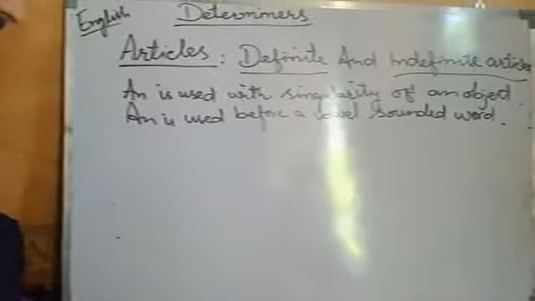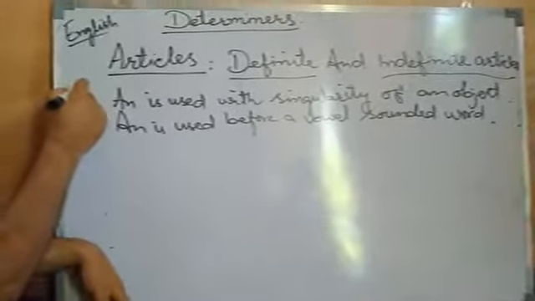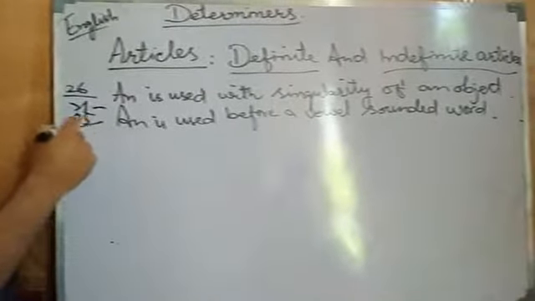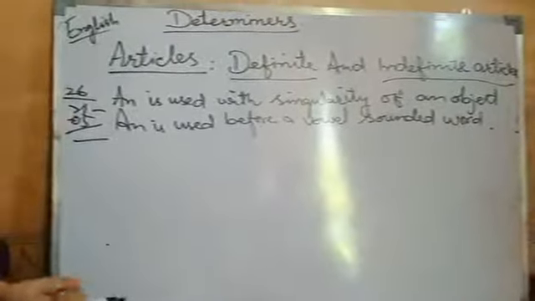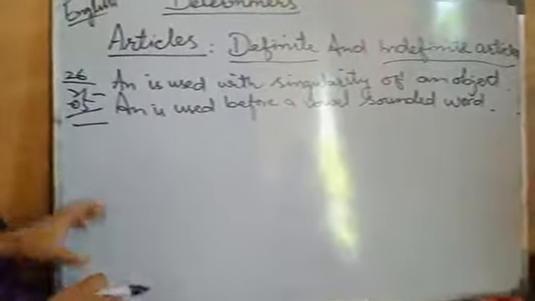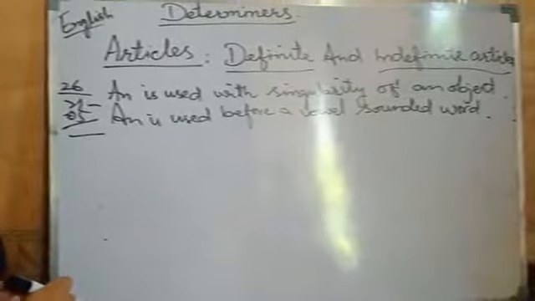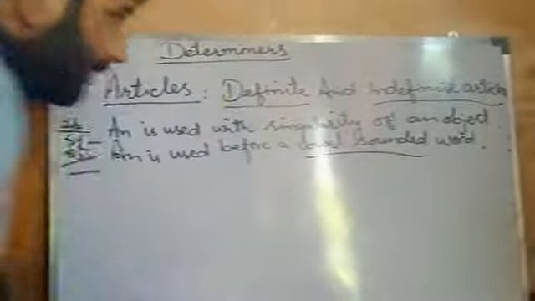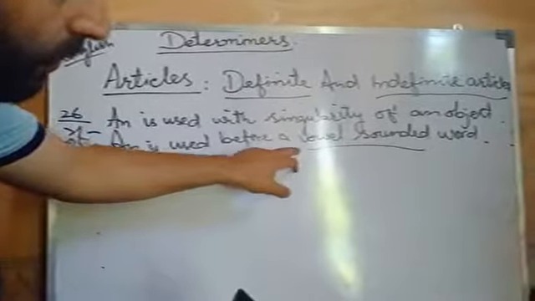Just let me teach you: there are 26 letters or alphabets, 21 are consonants and 5 are vowels. It is traditional, as these 26 letters have come our way since our birth. But please have a look at this. What I have used here: an is used before a vowel sounded word, not before a vowel, but a vowel sounded word.